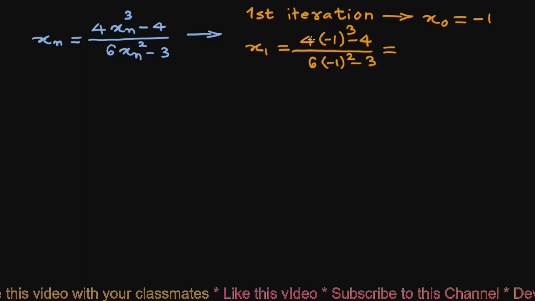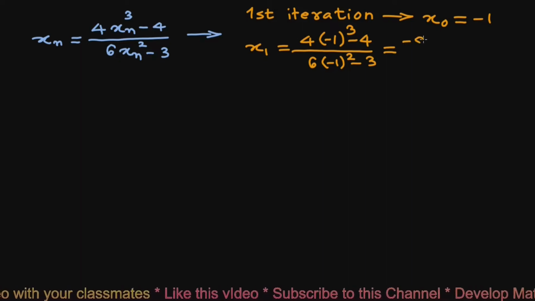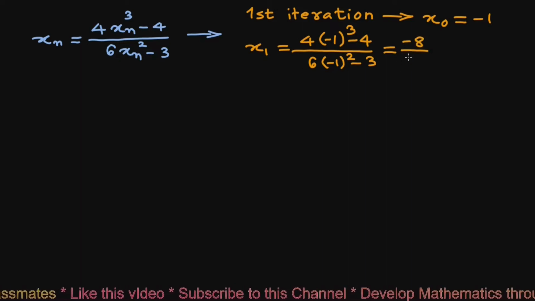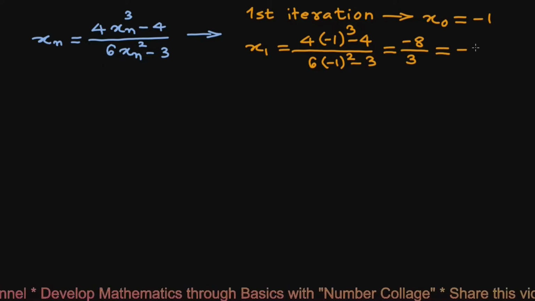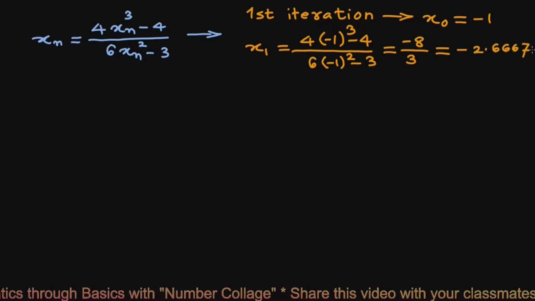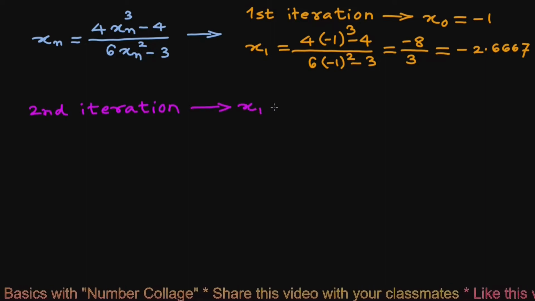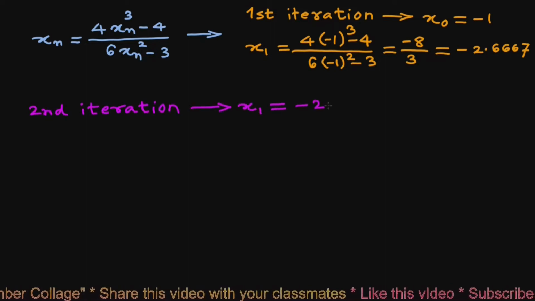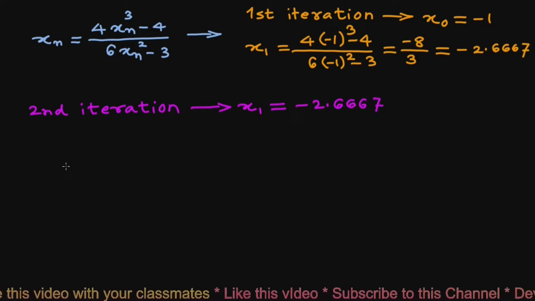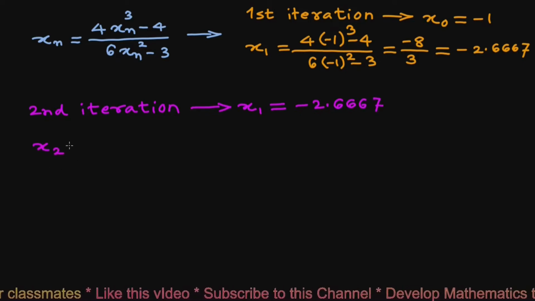That will be minus 4 minus 4 upon 6 minus 3, which is minus 2.6667. For the second iteration, we will take x1 equals minus 2.6667 and find the second approximate root.